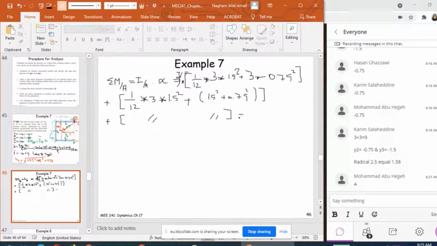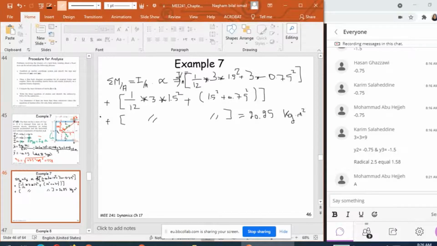And then if you do it, I have the value. It will be equal to 20.25. Now, what is the unit of mass moment of inertia? The mass moment of inertia is always m times the distance squared. So it's kilogram meter squared. All right, guys? So that's it. This is IA.